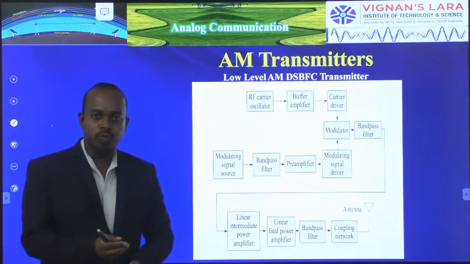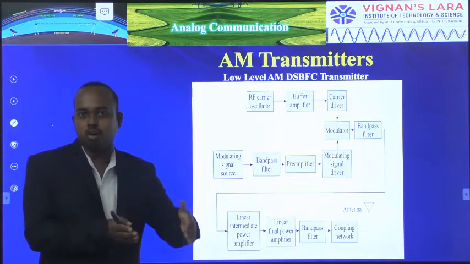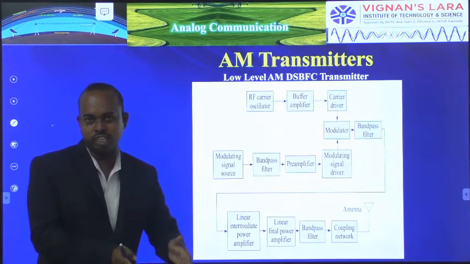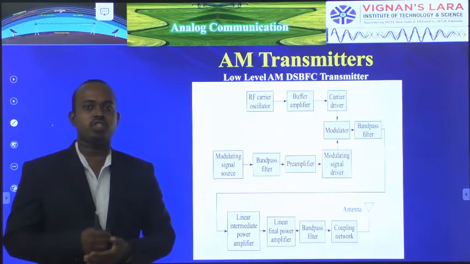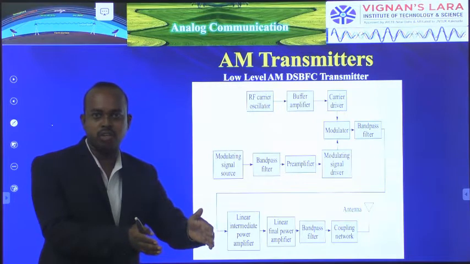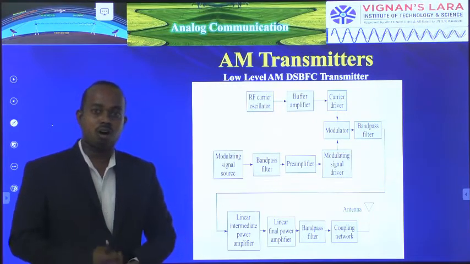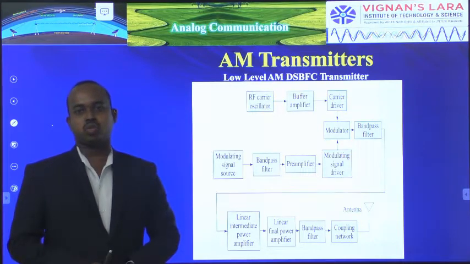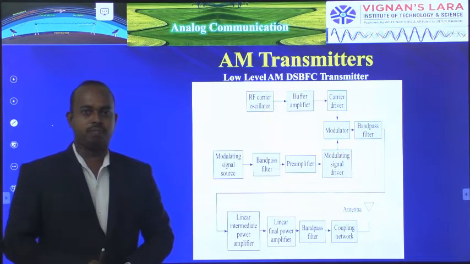Here the modulating signal is not changed, but based on the modulating signal, the carrier signal changes. The carrier signal amplitude changed in accordance with the instantaneous values of a modulating signal is called amplitude modulation.